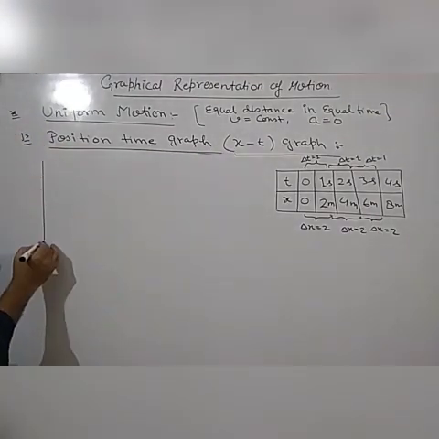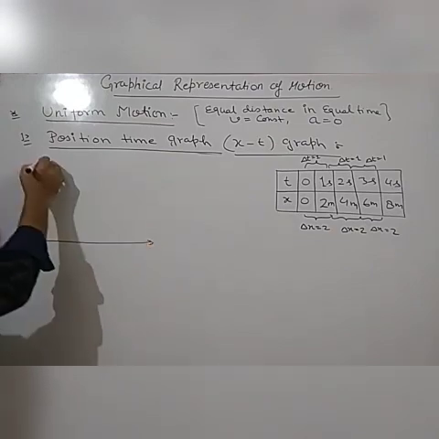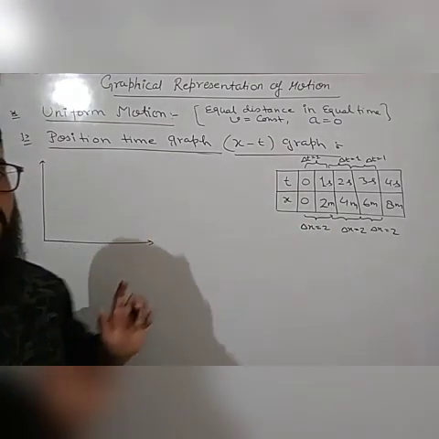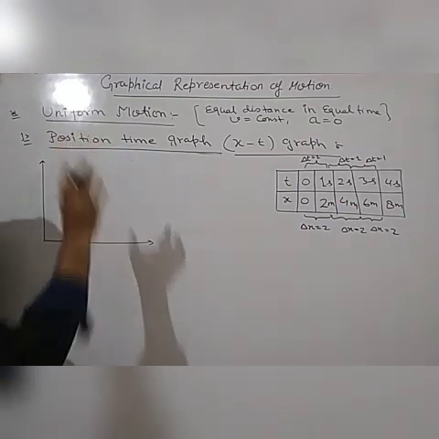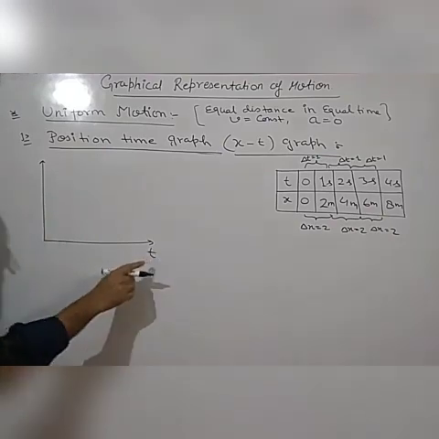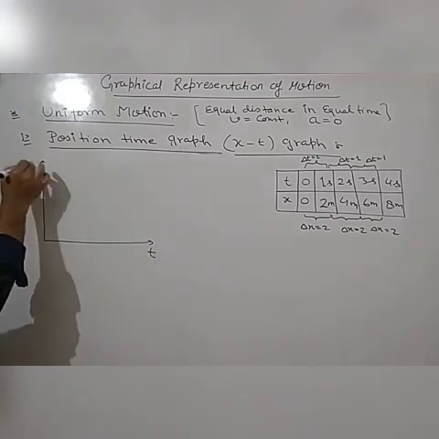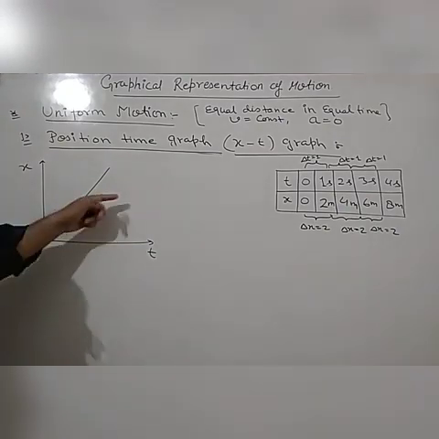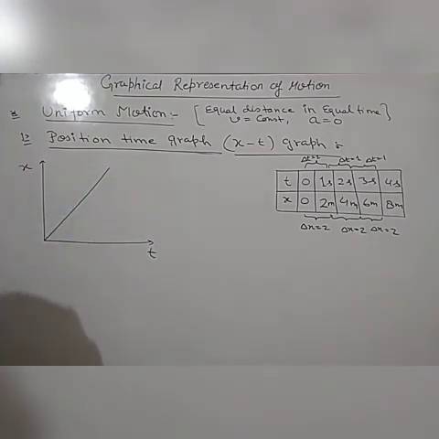So the position time graph, if we don't have this particular table and we have to draw the graph of position time for a uniform motion, then the graph will be here. We will take t on x-axis, and on y-axis we will take x, and the graph will be like this. We will draw a straight line. It is the position time graph of a uniform motion.